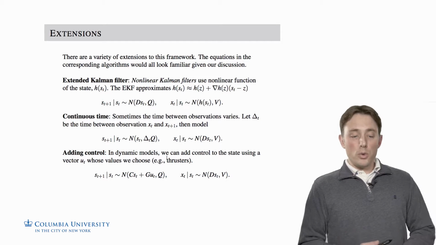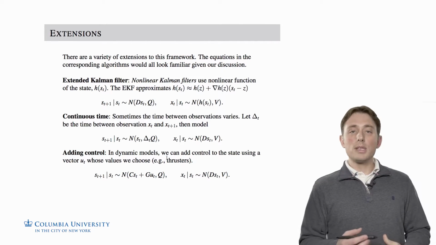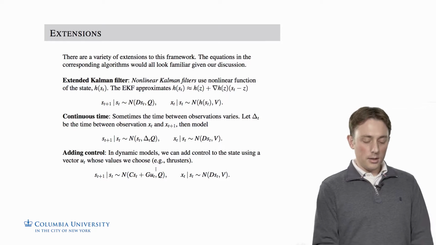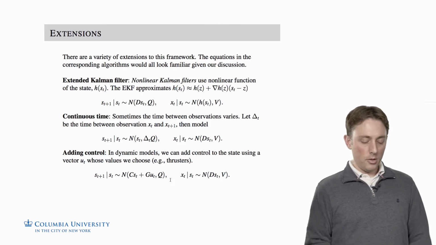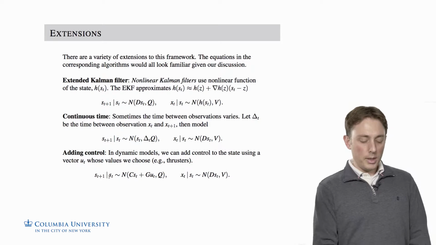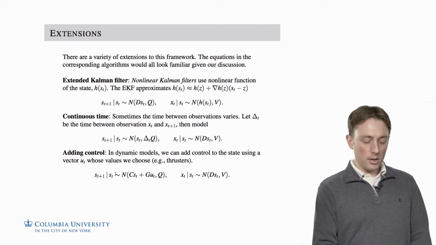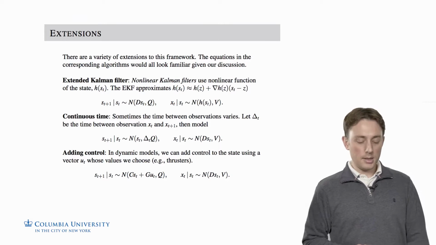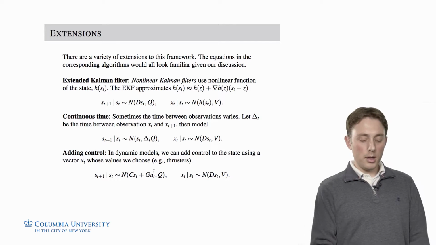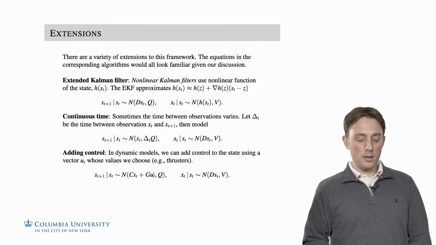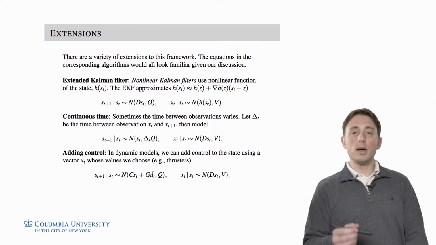We can also add control to the system. In this case, we have our state evolving distribution like this, where we say the distribution on the next state given the current state is a Gaussian, with the mean equal to a sum of a matrix C times the state s_t, as before, plus a new thing, G times u_t, where u_t is a vector that we get to control.